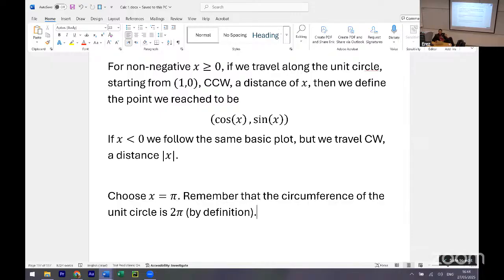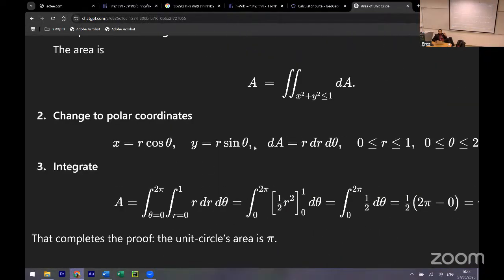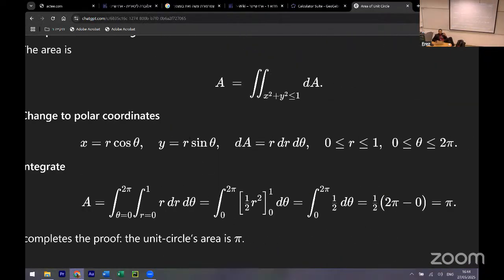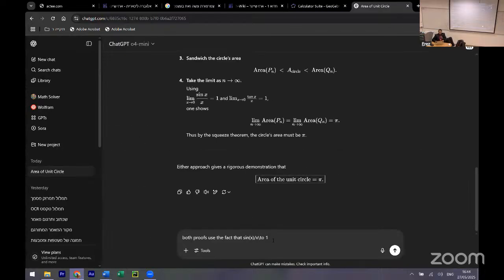Here, it's not mentioned directly, but it uses the fact that the derivative of sine is cosine, which uses sine of x over x goes to 1, implicitly.